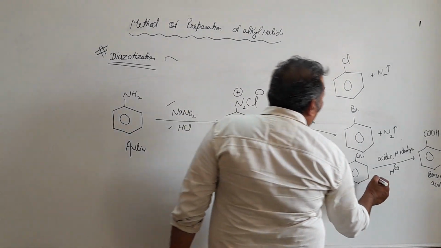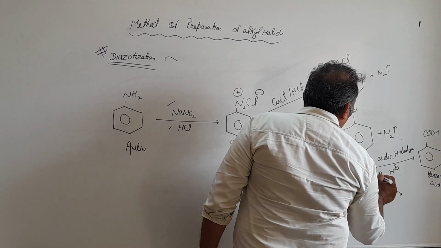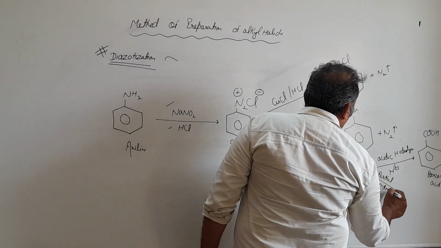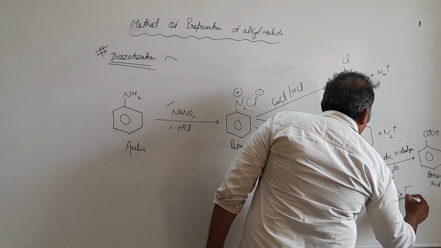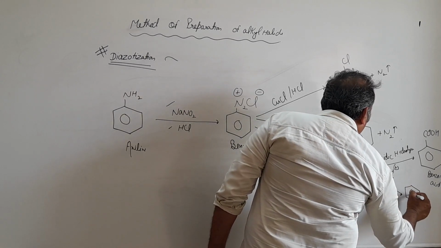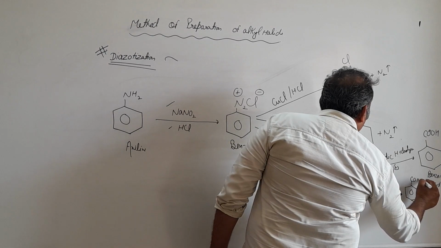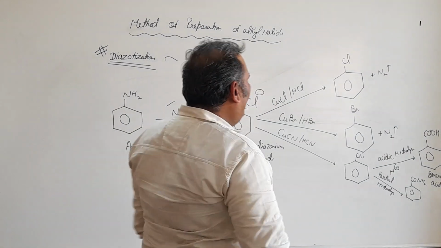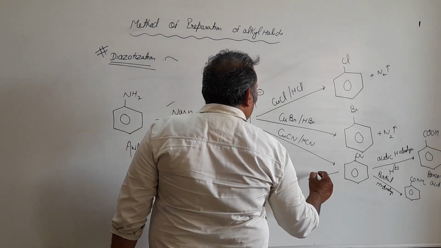Its partial hydrolysis gives us benzamide, CONH2, that is called benzamide.